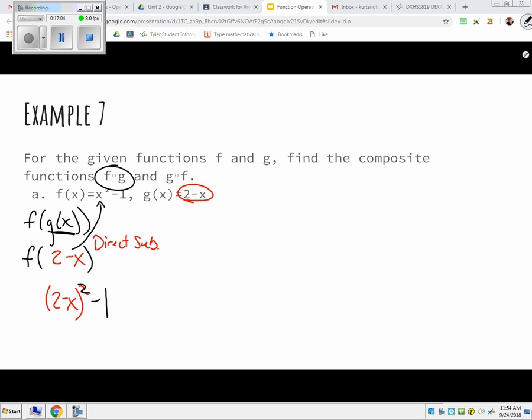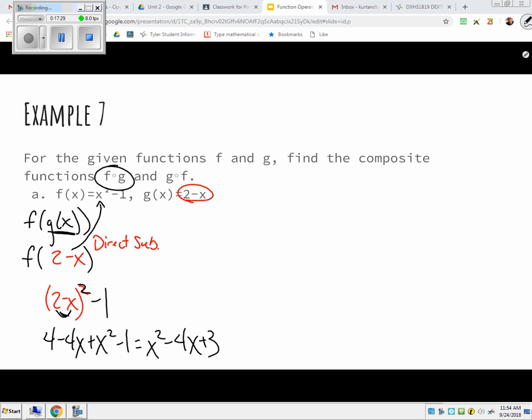So if I expand this binomial, 2 squared is 4. Multiply the two together, negative 2x, and double it. It's negative 4x. And then square the last term, x squared. And so it's putting it in the correct order now. X squared minus 4x. I have a 4 minus 1. That is going to be 3.